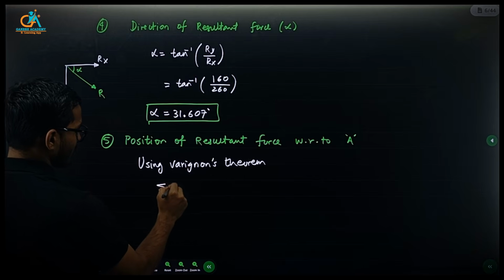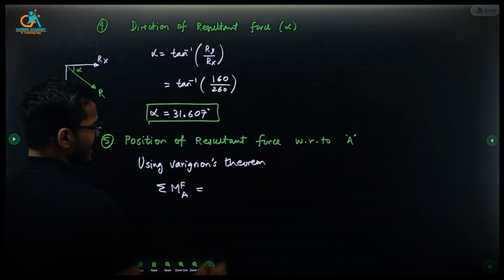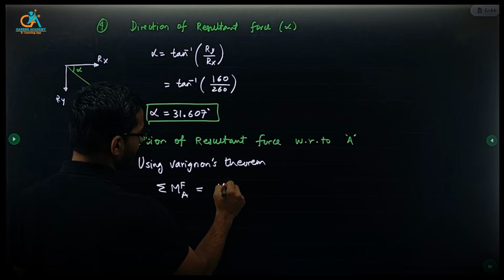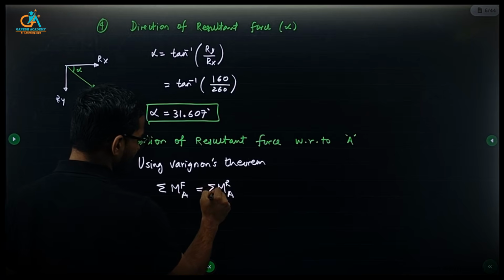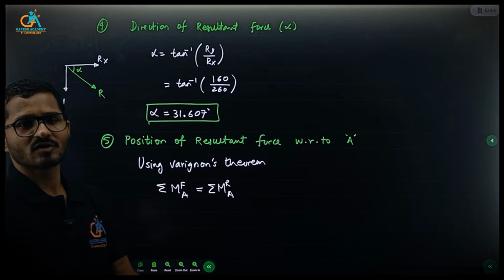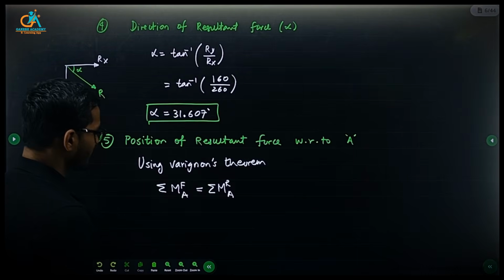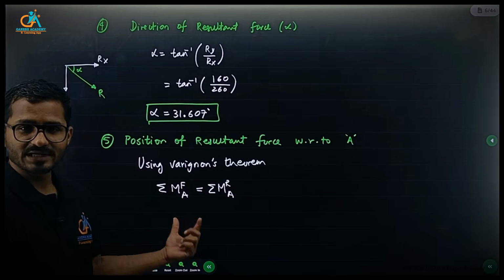Whatever the algebraic sum of the moments of the forces about point A is, that should be equal to the moment of the resultant force about A. If you are considering the components, then we take the summation of the moments of the x component and y component. So first we'll find the algebraic sum of the moments of all the forces about point A.